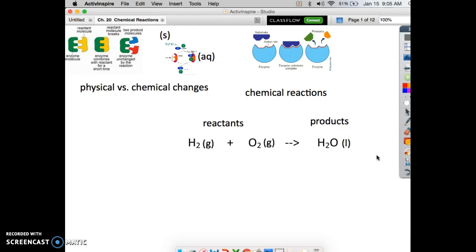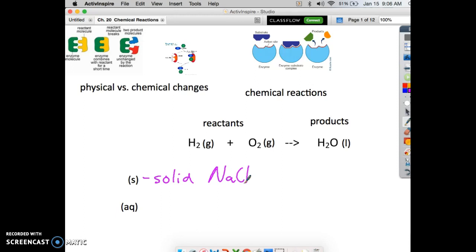Other things that you might see, not surprisingly, is S. You can probably guess that if L is liquid and G is gas, then S is going to be a solid. For example, if we had NaCl, which is table salt, we would put a parentheses S after it. However, if you use table salt as a solid, it doesn't react very well.